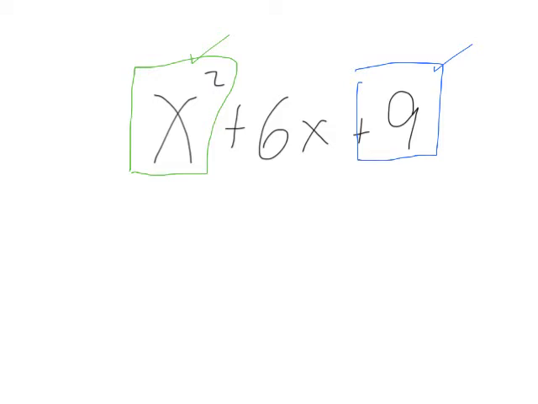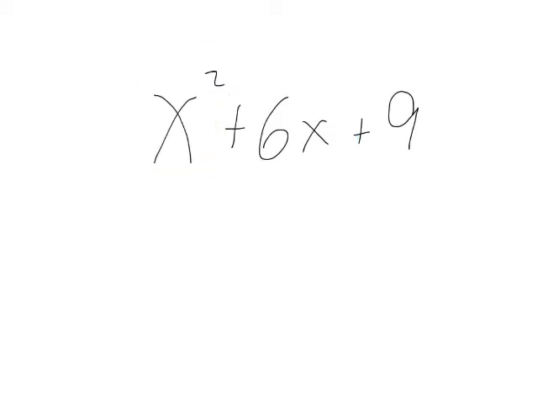I'm well on my way to being able to solve this using perfect square trinomials. The last thing I need to analyze to determine if it's a perfect square trinomial is right here, plus 6x. Because I need to figure out if this 6 is 2 times whatever I multiplied to get x squared and whatever I multiplied to get the 9. Well, to get x squared, I must have had x times x. To get the 9, I must have had 3 times 3.